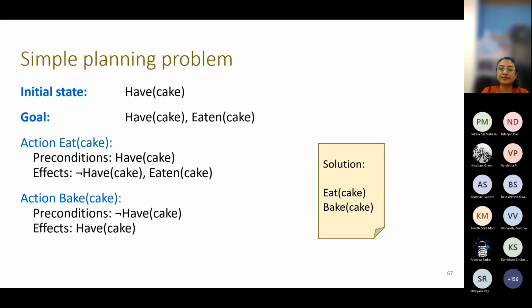With this, let us go back to this simple planning problem that we stated earlier. So the initial state is have cake, and the goal is have cake and eaten cake, and there are these two actions, eat cake and bake cake.